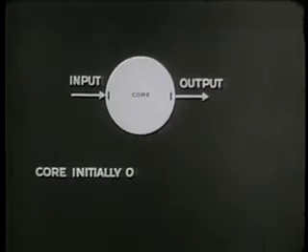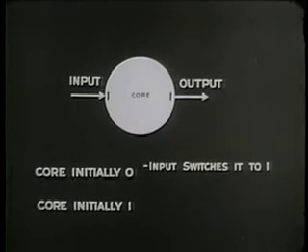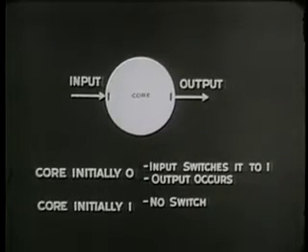If we remember that initially the core is either at 0 or 1, we'll see that these arrows and bits tell us 4 things about this circuit. If the core is initially 0, the input switches it to 1, and an output occurs. If the core is initially 1, there will be no switch.